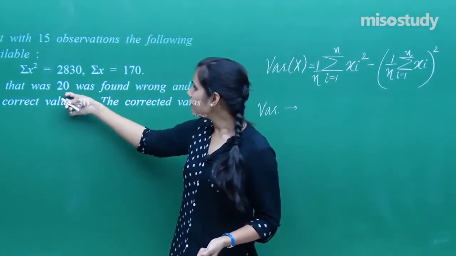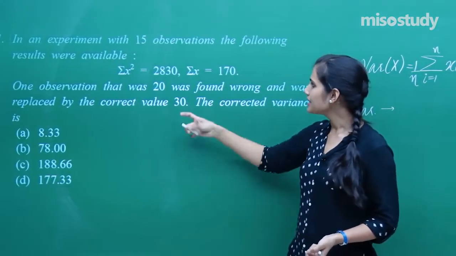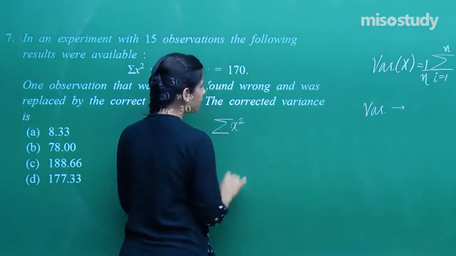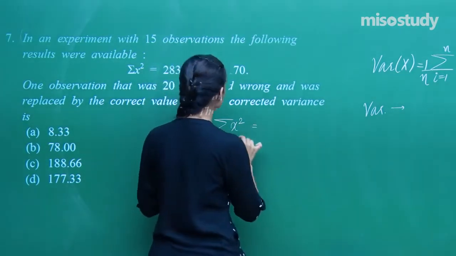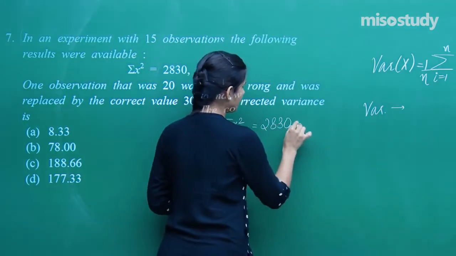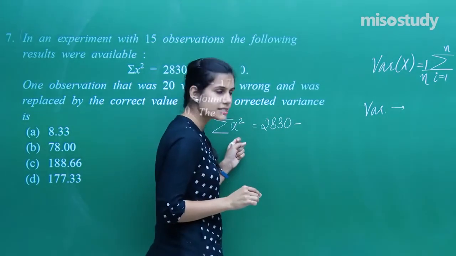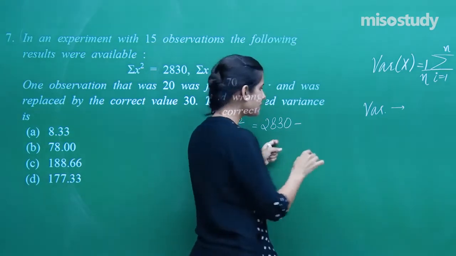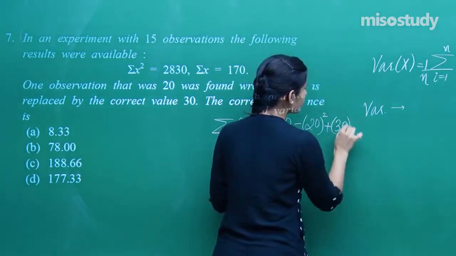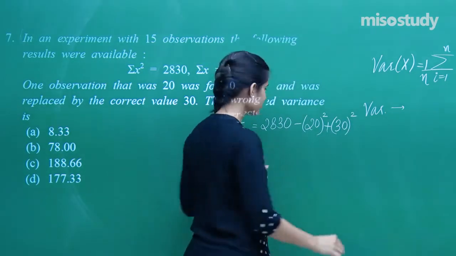Now 20 was found to be wrong and was replaced by 30. So now the sum of square of all the observations will be 2830. Here the square of every observation is kept, but 20 is the wrong observation, so 20 square will be removed. 30 is the right observation, so 30 square will be included.